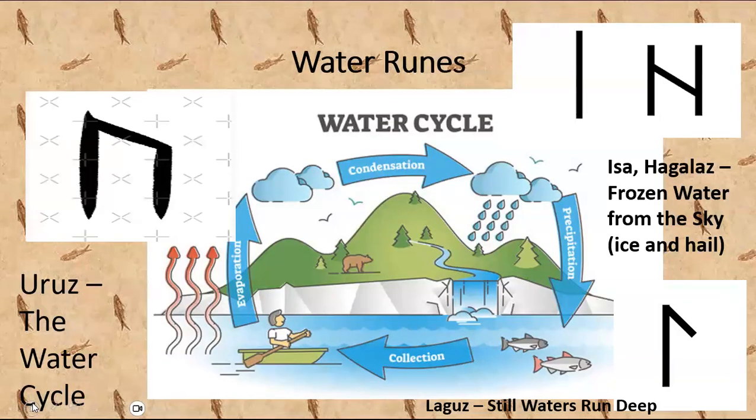Hagalaz is frozen like Isa, but it's not motionless. Its most common translation is hail. So the idea of the hailstone that falls out of the sky. Avalanche, also here in Florida, I connect it most with hurricanes. Flooding.